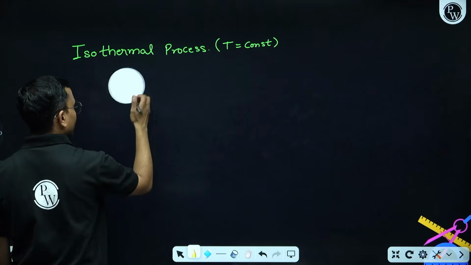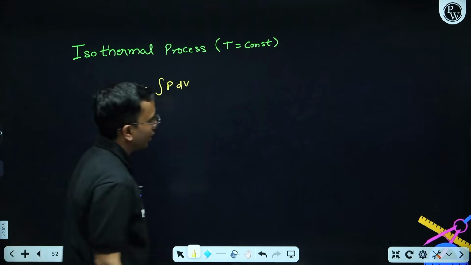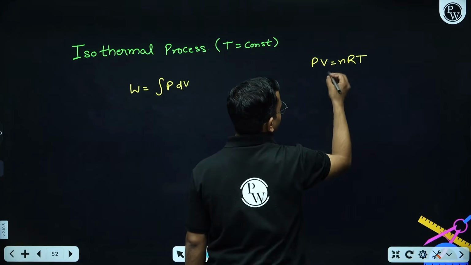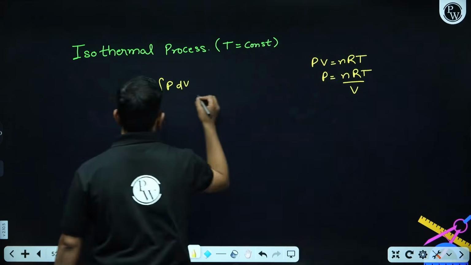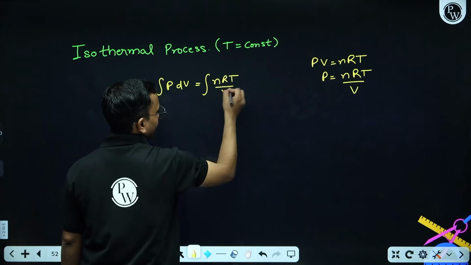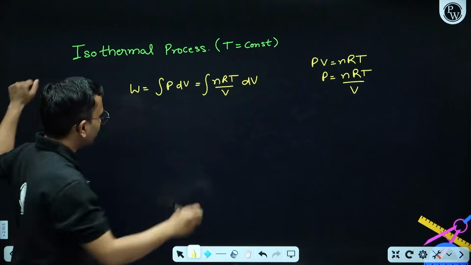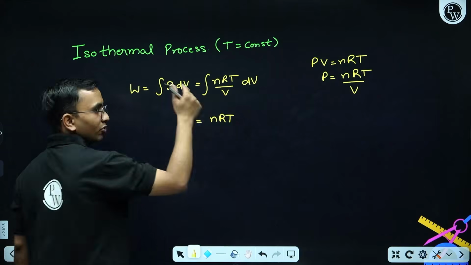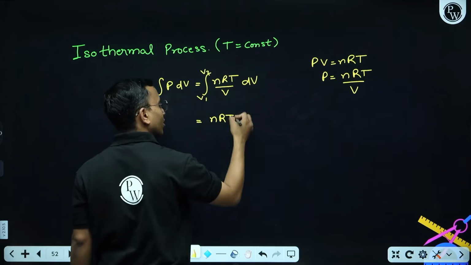The general formula we know is integration of P dV. PV is equal to nRT. Temperature is constant, so I can write P as nRT by V. Replace it here. So this is integration of nRT by V dV. T is constant, nRT is constant, take that out. This is integration of 1 by V dV, that will become ln V. Volume is changing from V1 to V2, so this will become ln V2 by V1.